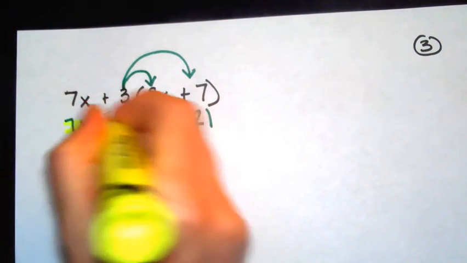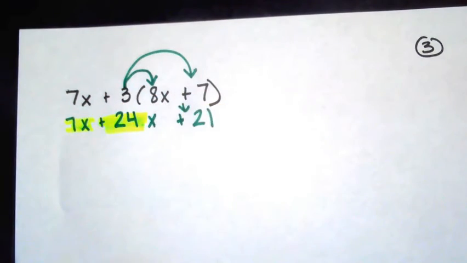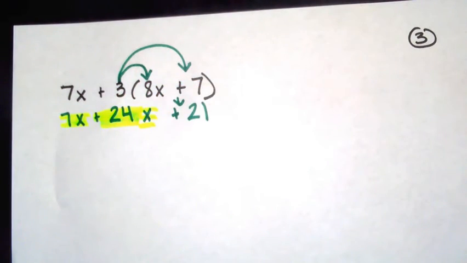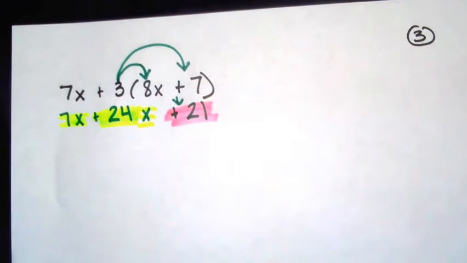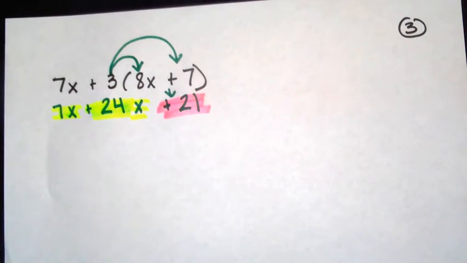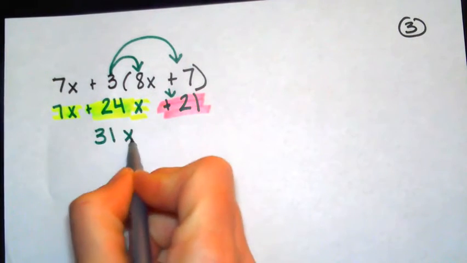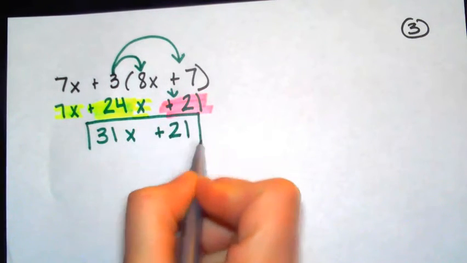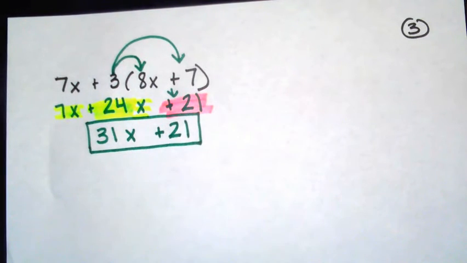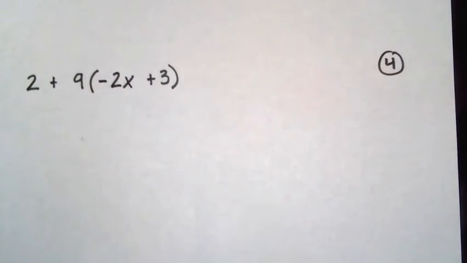And then the plus goes with the 24x. And then finally, my constant's all by itself. It's pink. It's just going to drop down all by itself. 7x plus 24x is 31x. Drop down the plus 21. Once again, I have cleaned this up so nicely. Feels good to simplify. Makes things so much cleaner.